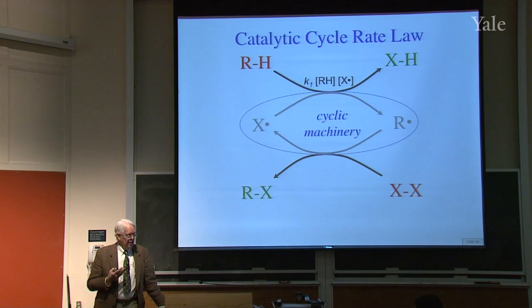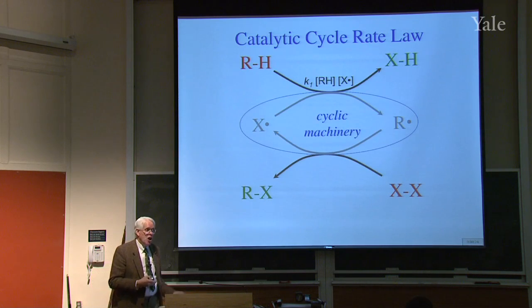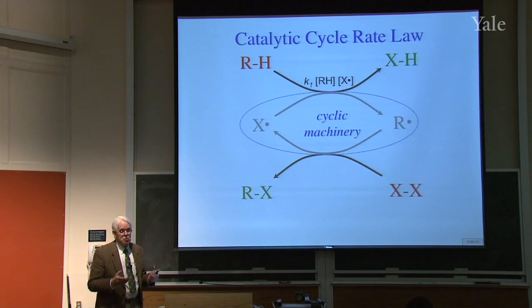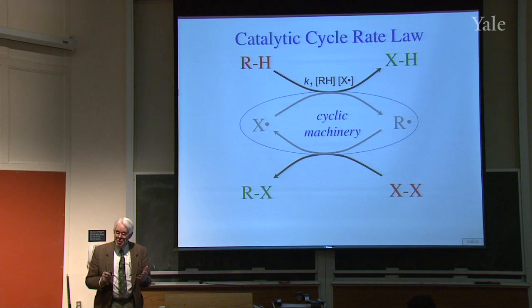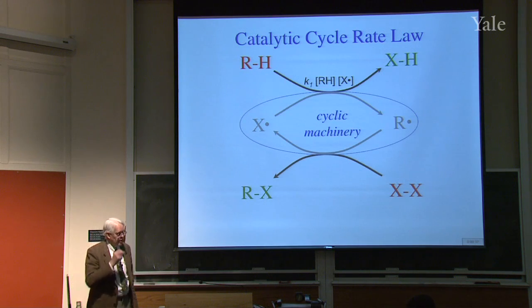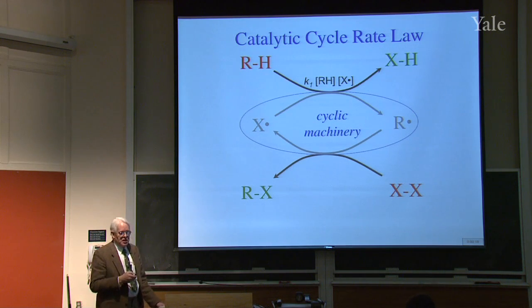This has to do with the rate law when you have a catalytic cycle, right? So we're going to discuss it in this case, but it's important in all sorts of cases where there's catalysis, in inorganic chemistry, in biochemistry. When there's catalysis and you have these cycles, the rate laws you get are a little bit different from what you might expect. Okay, so there are two steps in this reaction.